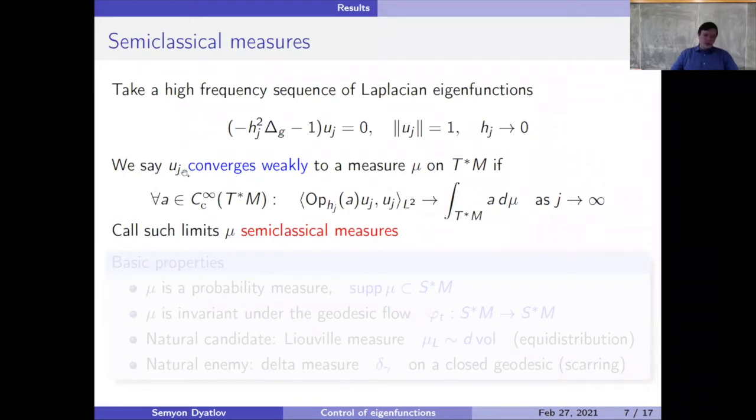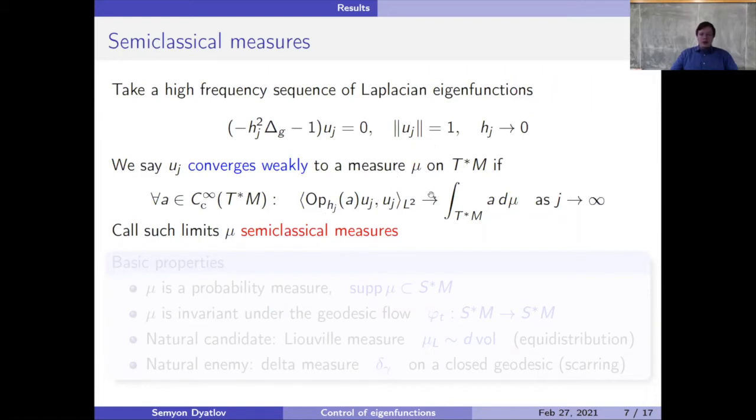I say that my sequence of eigenfunctions converges weakly to a measure on the cotangent bundle if you have the following convergence statement. For any test function, for any classical observable, if you quantize this classical observable, you get an operator, really a family of operators depending on h, and again, h is here 1 over square root of the eigenvalue.